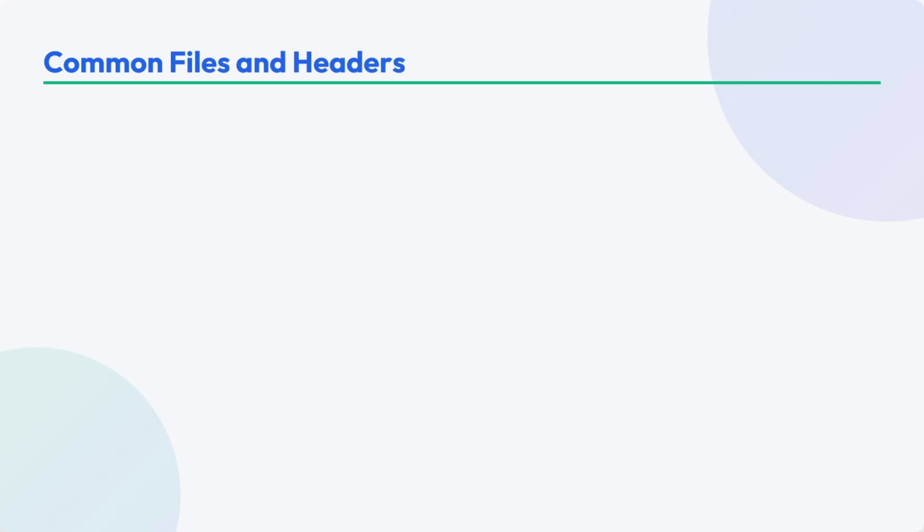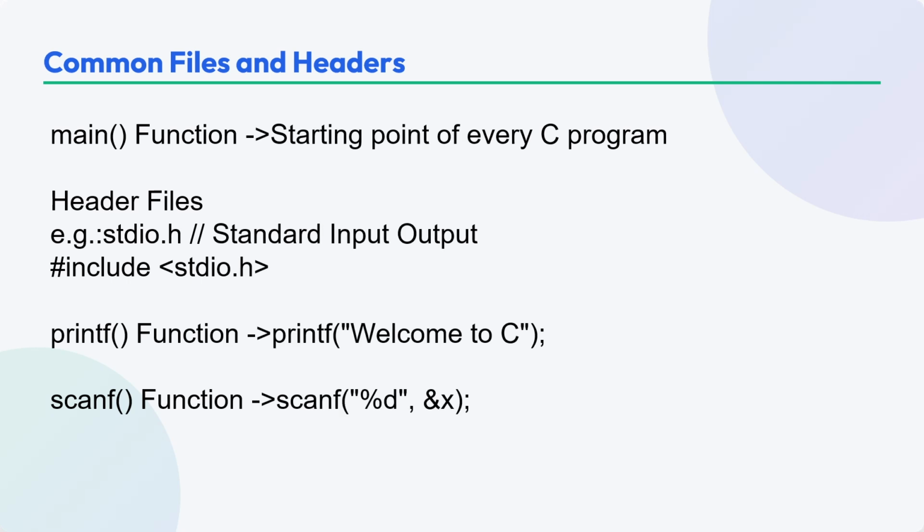So we were discussing common files and headers. First is the main function. It is the starting point, or we can say the first function to be used in every C program. Next is the header file. Header files are files which include, for example, if we want to do some mathematical programs, the math.h header file is used.